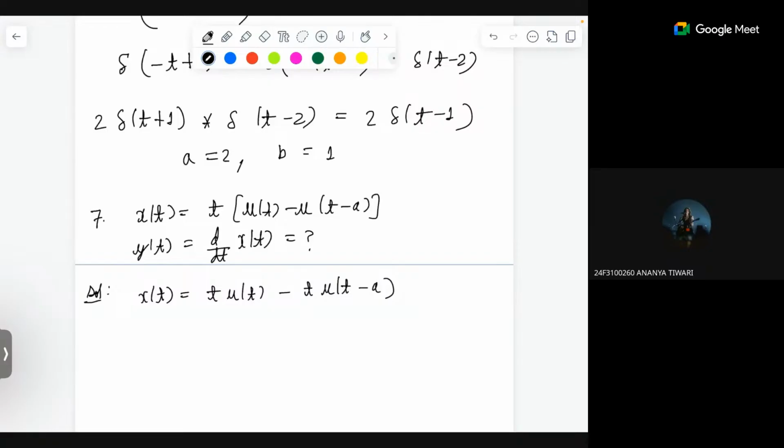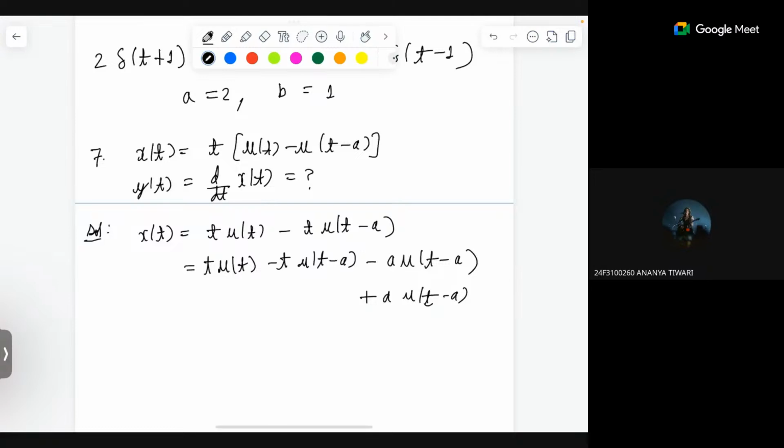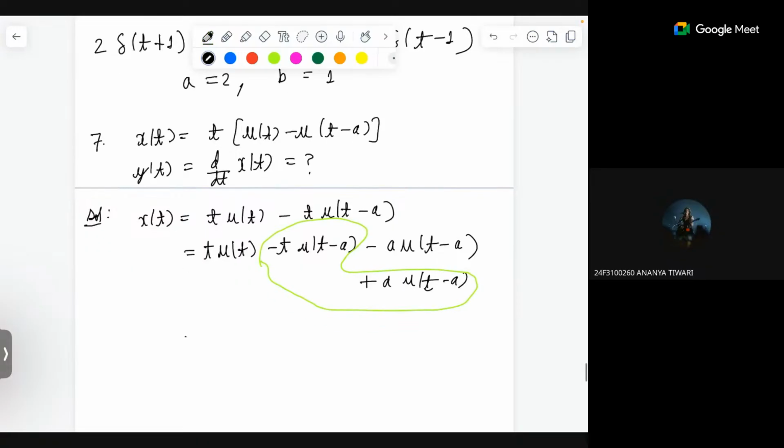Now I will add and subtract the following term: I will subtract a times u of t minus a and add a times u of t minus a. Now I will take these two terms together: t u of t minus (t minus a) u of t minus a, minus a times u of t minus a.